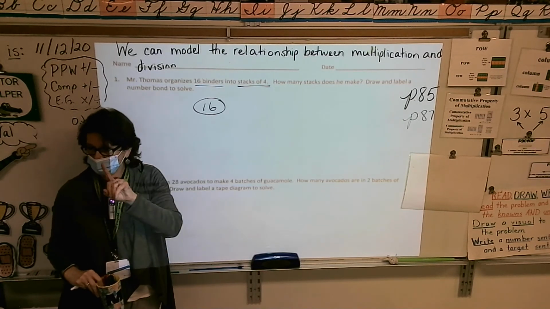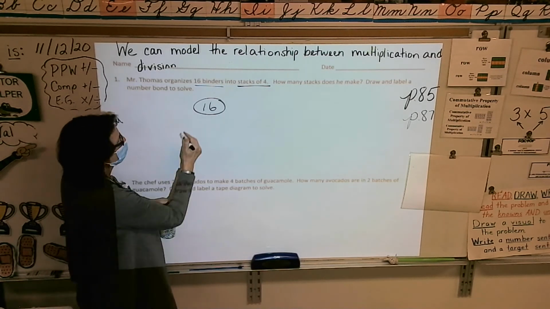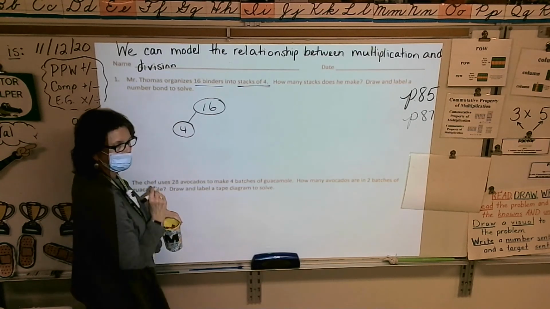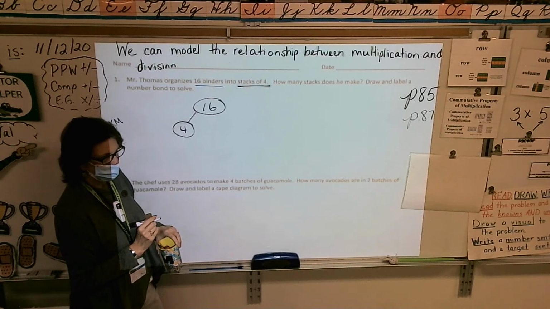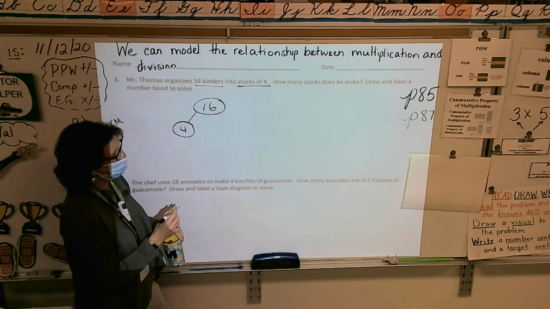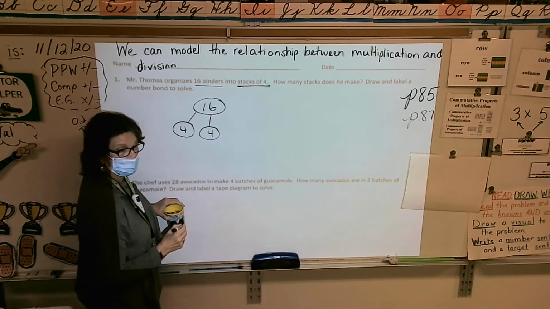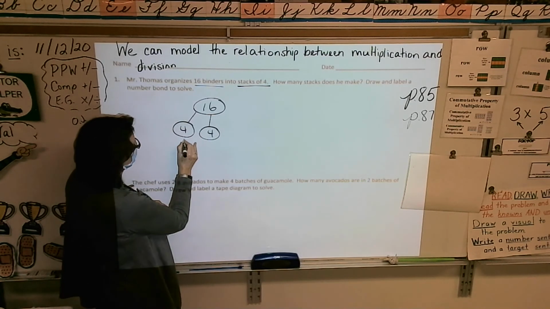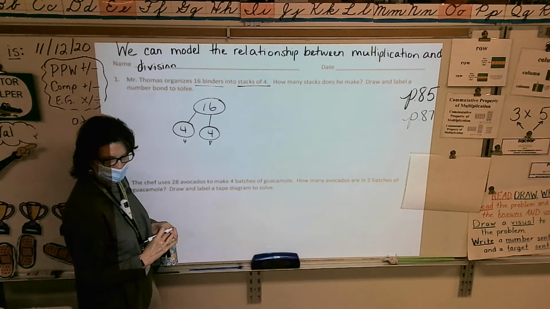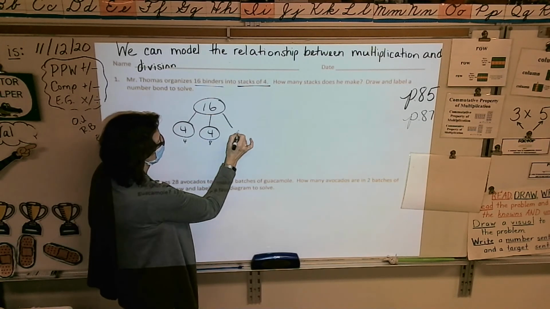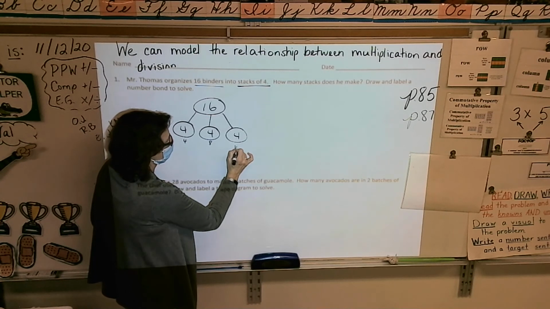So isn't a stack of 4 one part? Let's go ahead and draw a stack. And how many binders will we put in it? 4. Okay, we need another stack with 4 in it. This is actually a count by, isn't it? So we got 4, 8. Do we need another stack? Yes. With 4 in it. That's 12.